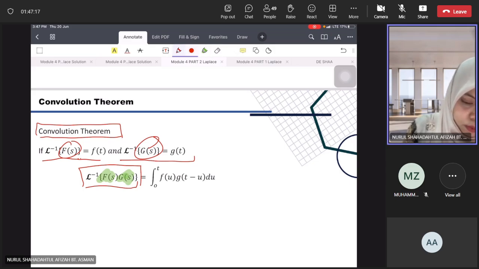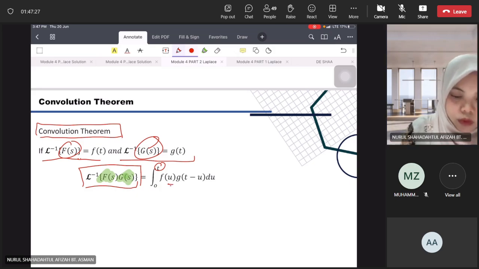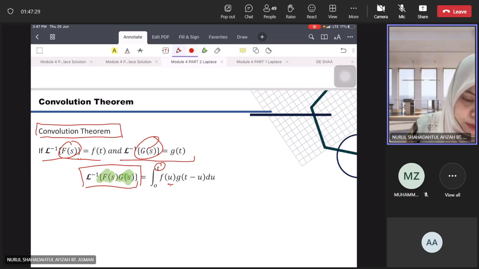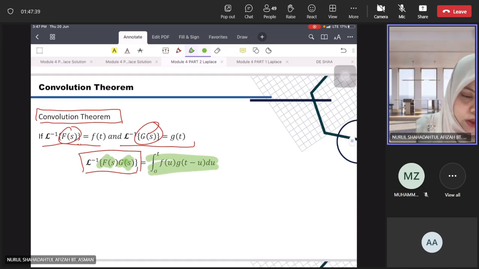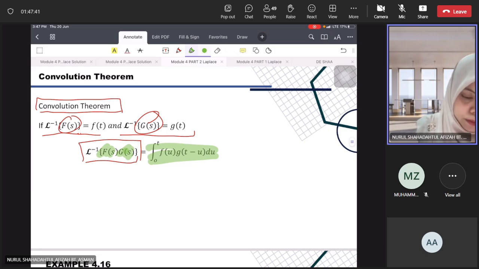We'll do a simple integration from 0 to t of f(u) times g(t minus u). So you need to remember this equation for the convolution theorem.